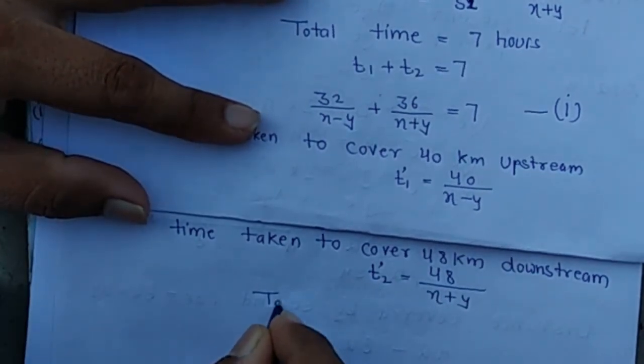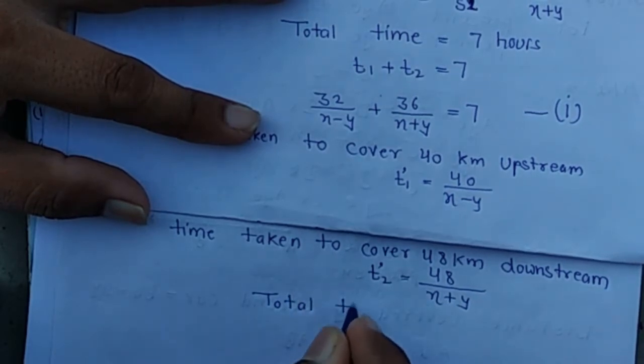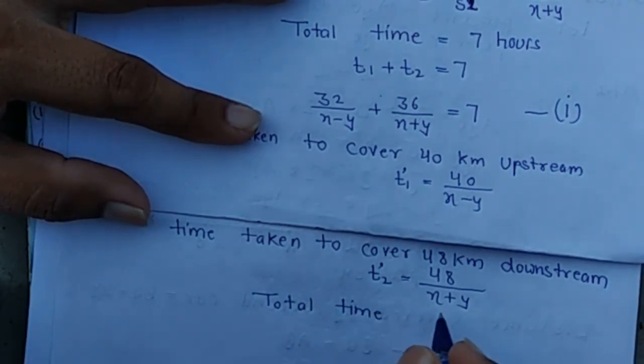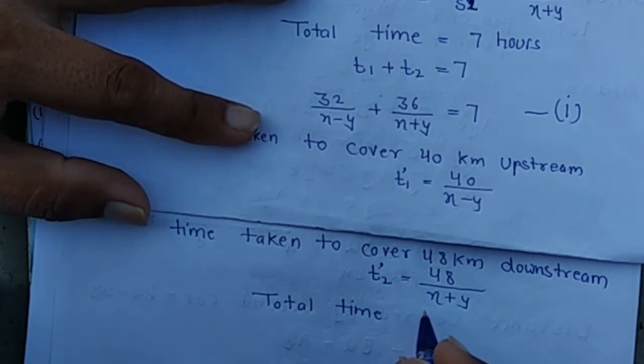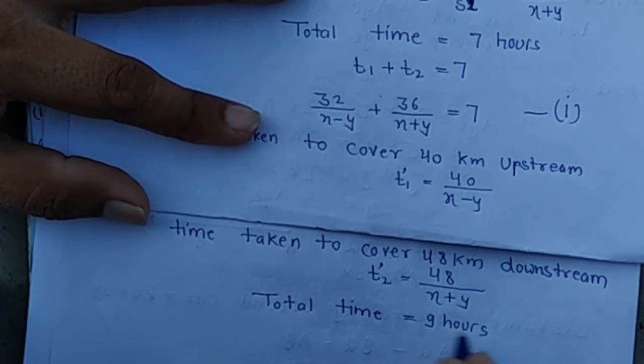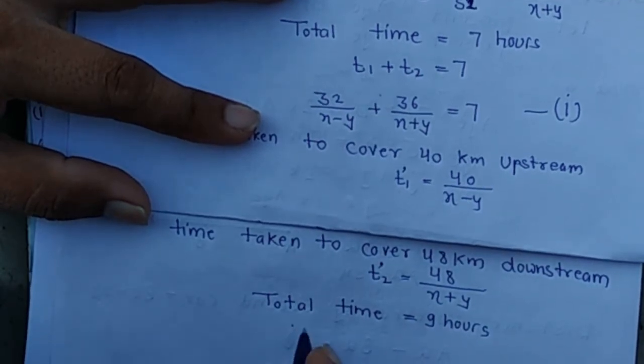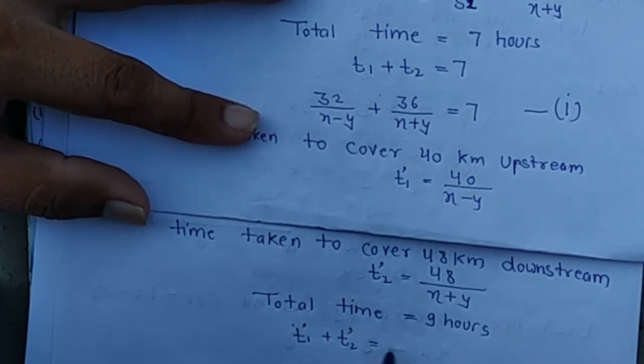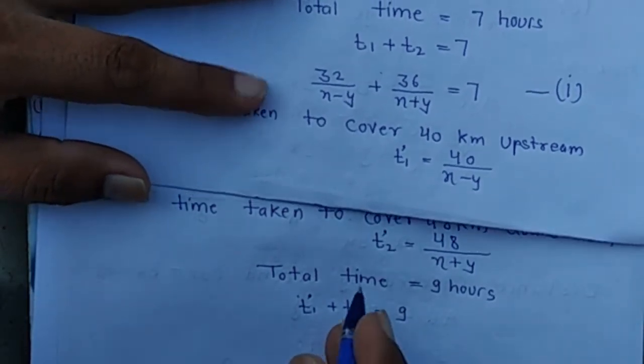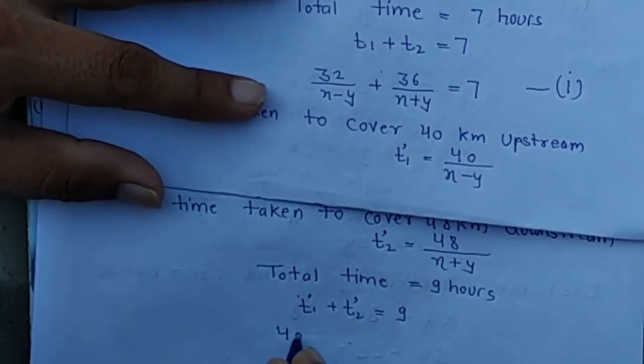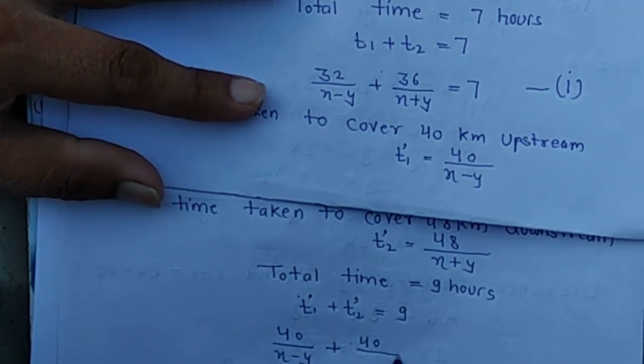The total time to cover 40 kilometer in upstream and 48 kilometer in downstream is 9 hours. Then T1 dash plus T2 dash equals 9. Value of T1 dash is 40 upon x minus y and T2 dash is 48 upon x plus y, equals 9. It is our second equation.